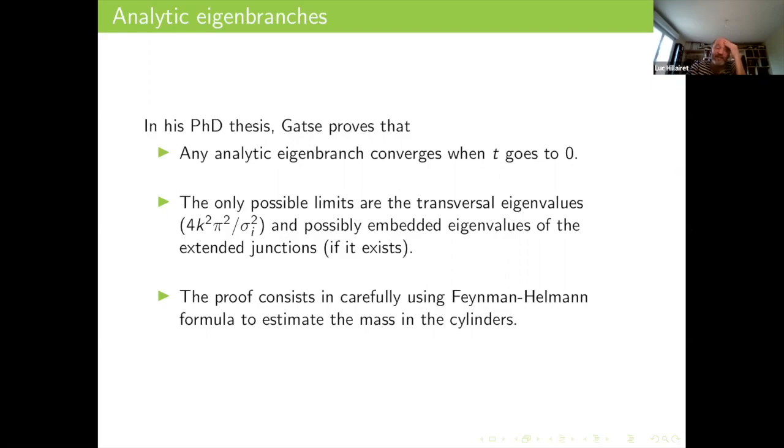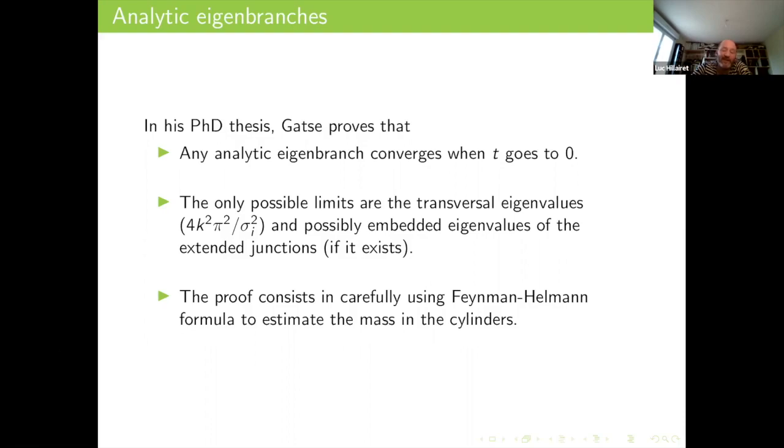The proof consists in carefully using the Feynman-Hellmann formula to estimate the mass in the cylinder. What you want to prove is that if the limit is not one of these transversal thresholds, then it has to be an embedded eigenvalue of one of the extended junctions. Using Feynman-Hellmann, you prove that the mass in the cylinder has to go to 0 if the limit is not one of the thresholds.